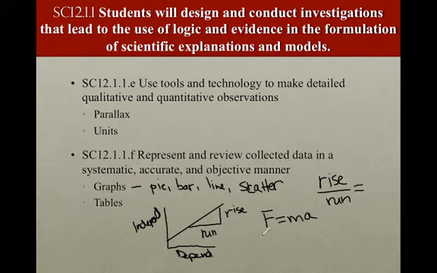If we have this equation, this is equal to the slope. And for this equation, it's a constant. Our constant is mass. So for this example, we're graphing force versus acceleration. And if it's a linear relationship, that slope would equal your mass of the object. Constant.